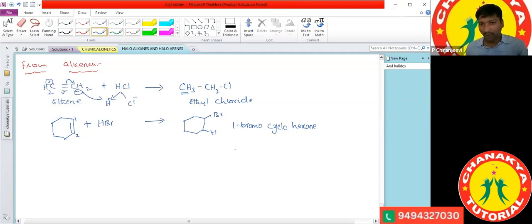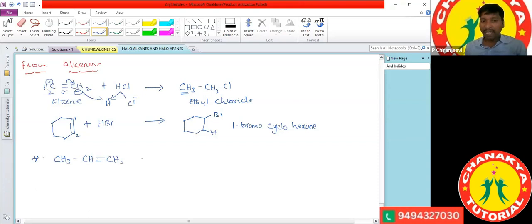So all of you clear? If they give this kind of structure in the examination, it is easy for everyone to do. Now the second condition: unsymmetrical alkenes. For example, if they had given CH3 bond CH double bond CH2.